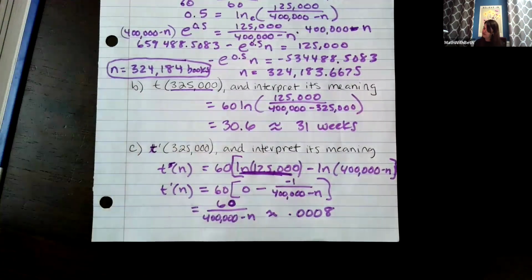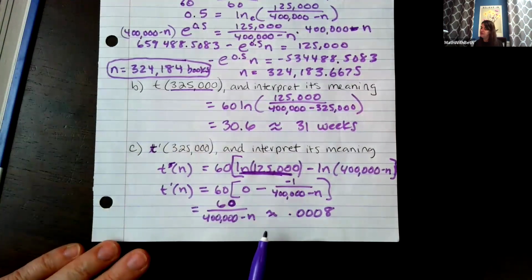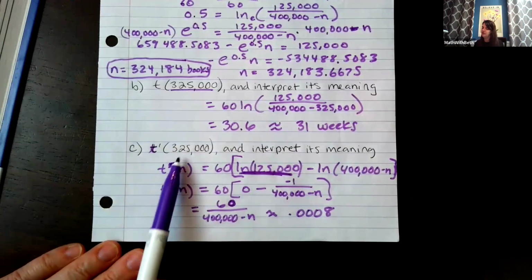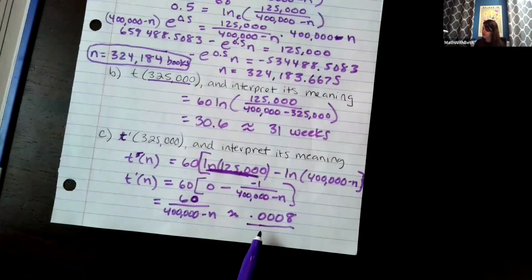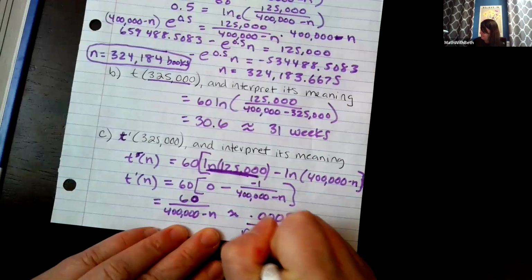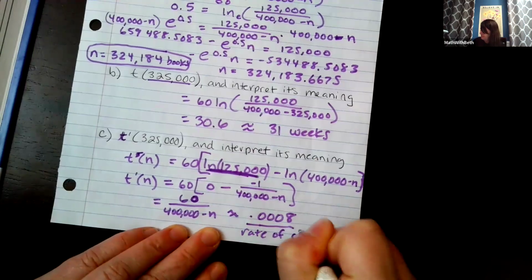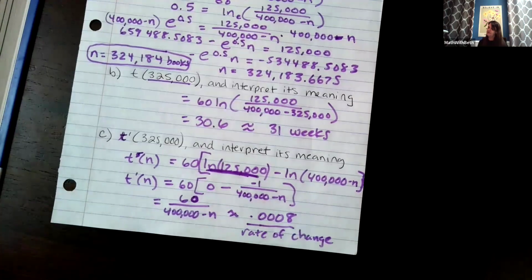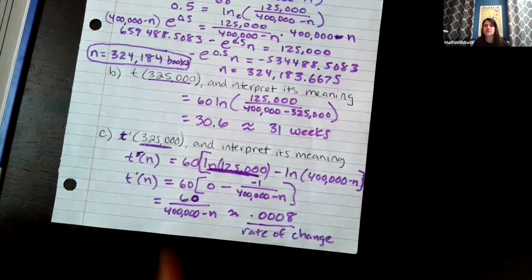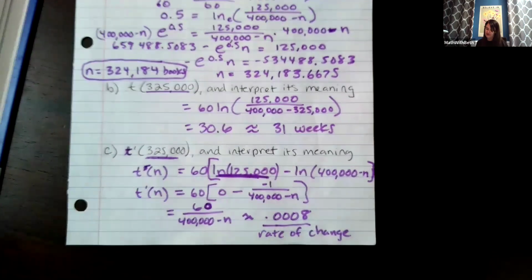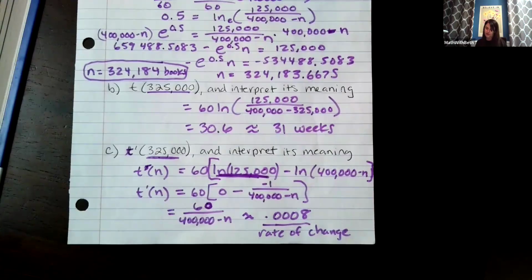And what that means is once we reach 325,000 units sold, it is increasing by about 0.0008 weeks per unit. That's the rate of change. Okay, the rate of change when we sell this many units is 0.0008. That's about how many weeks per unit.